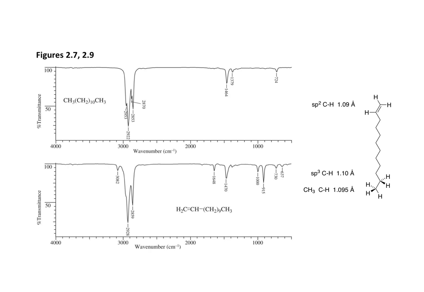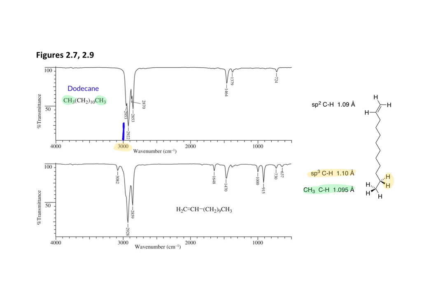The first compound is dodecane, which exhibits sp3 hybridized carbon-hydrogen stretches in the region just below 3000 wave numbers. The methyl group has slightly stronger CH bonds than sp3 methylene CH bonds.